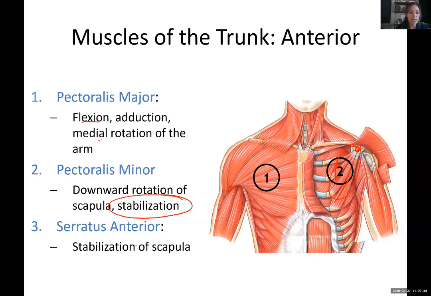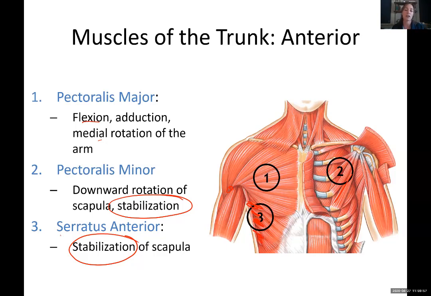So the serratus anterior is also more of a stabilizer because it comes around. Let me see, is it over here? Sorry, it's over there on the side, but let me see if there's a better picture. I don't have a better picture of it. I have this, so where it's located, the serratus anterior has these little individual finger-like projections.